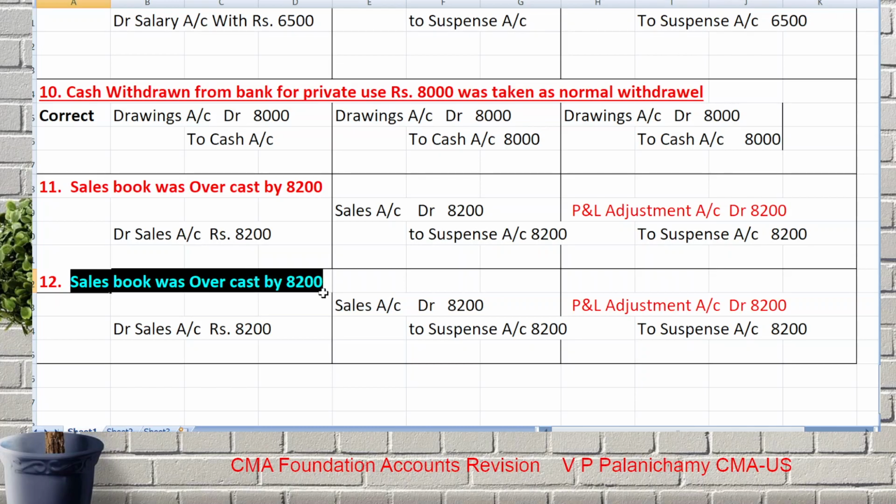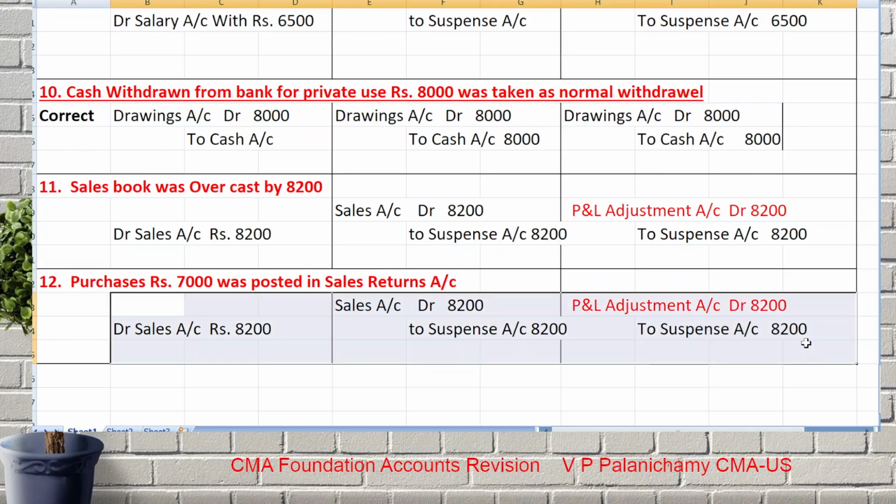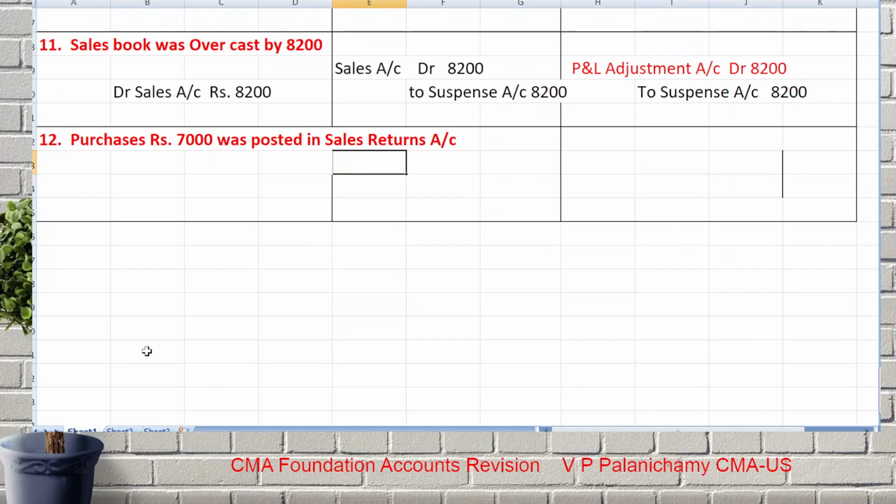Shall we? Purchases rupees 7,000 was posted in sales returns account. Purchases 7,000 was posted in which account? Sales returns account. Correct என்ன பண்ணிருக்கணும்?